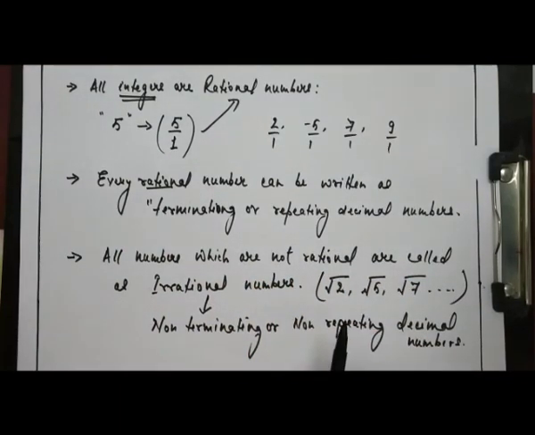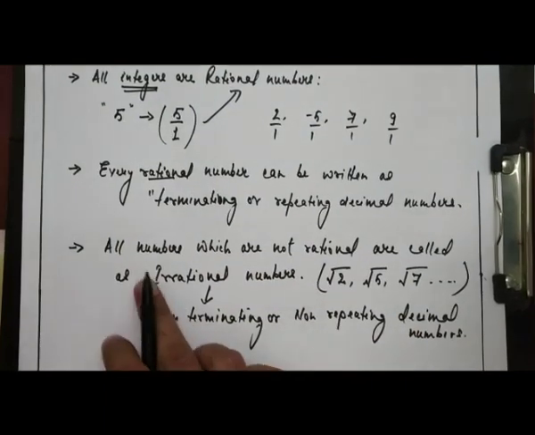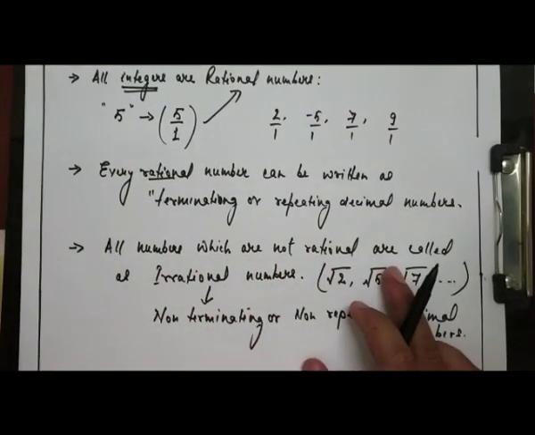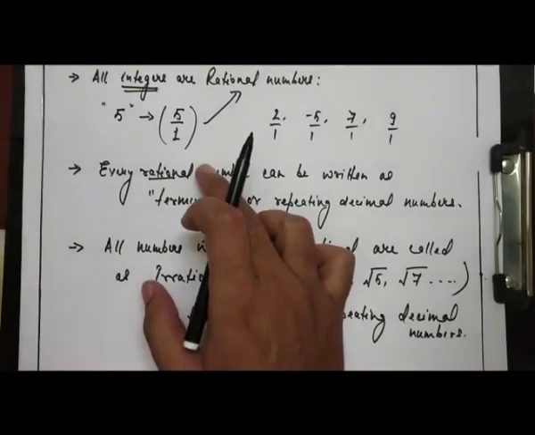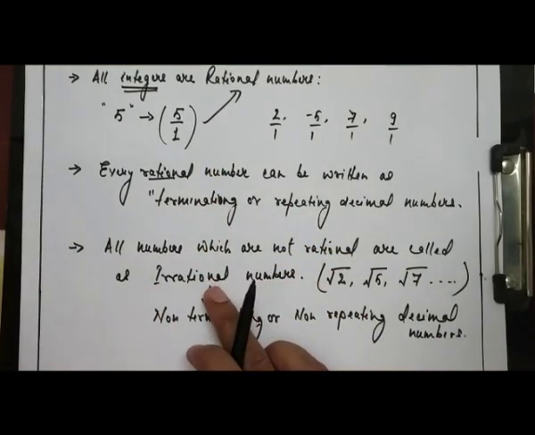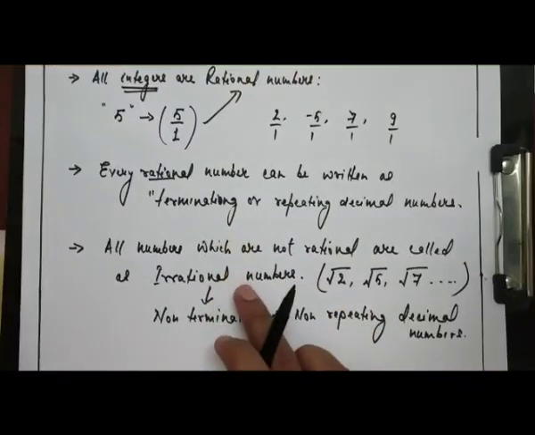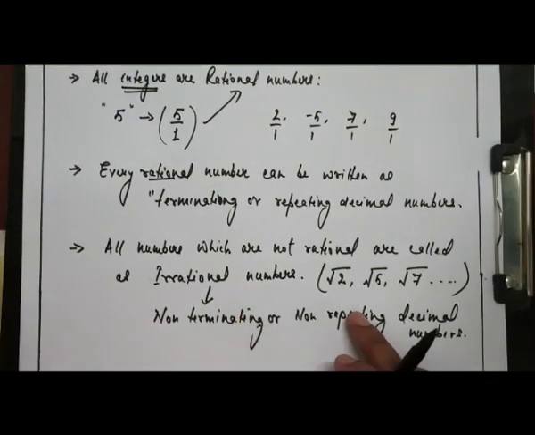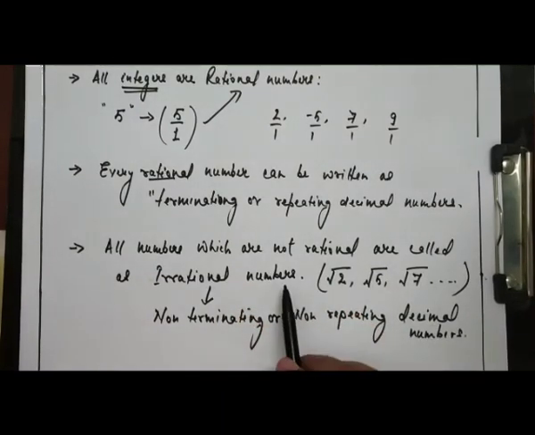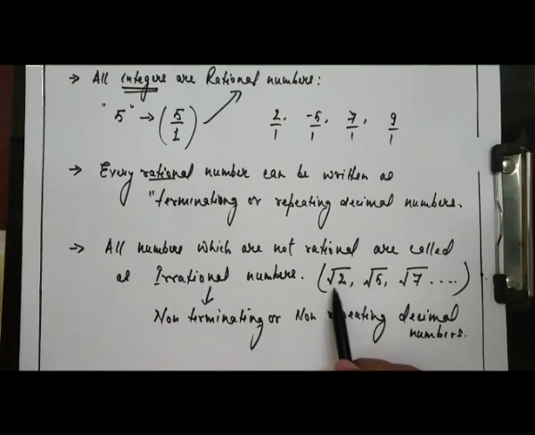The third point and the last one, it says that all numbers which are not rational are called irrational numbers. Which means, see, there are two kinds of numbers so far which we have studied, rational and irrational numbers. If the number is not rational, it will be called an irrational number. Now students, generally the irrational numbers are written under the root sign, like under root 2, under root 5, under root 7.